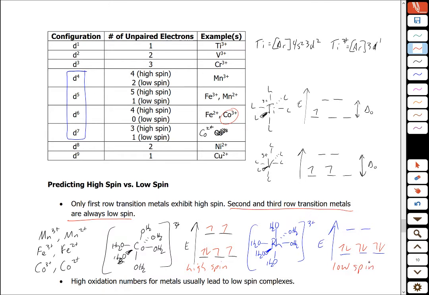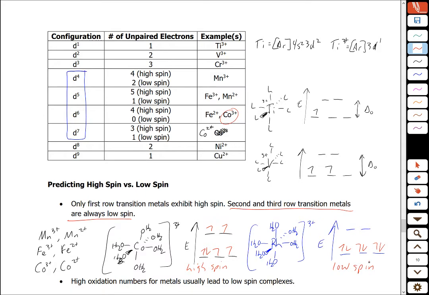So only the first row transition metals, and only manganese, iron, and cobalt, for our purposes, are going to be either high spin or low spin. If it's a second or third row transition metal, like rhodium in the second row, no matter what the complex is, it is low spin.